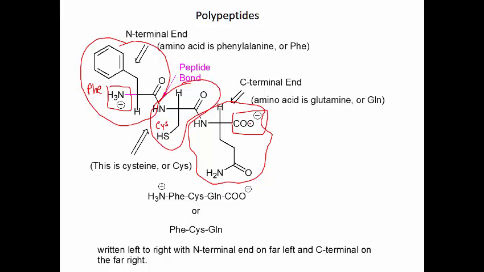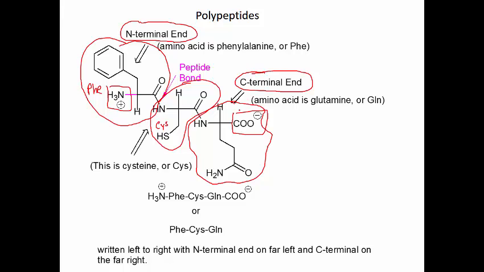It's just a free carboxylic acid group. We call this end that has the free amine group the N-terminal end. Okay, and this end that has a carboxylic acid, we're going to call the C-terminal end.